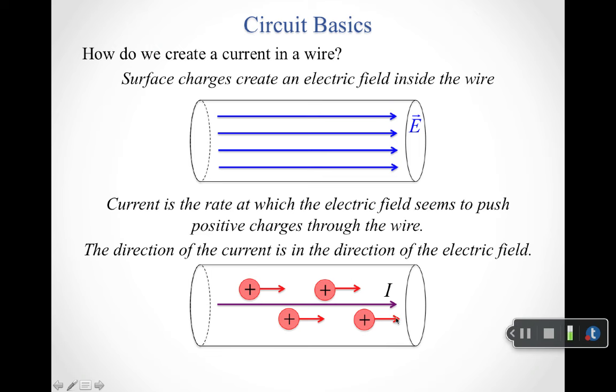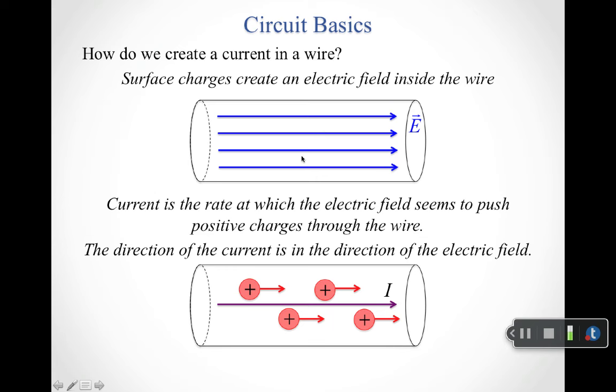So he just set up the situation that said, current is driving positive charges in the direction of the current flow, and we just keep that convention. So the direction of the current is in the direction of the electric field because we're effectively pretending that what we're driving with the current are positive charges.